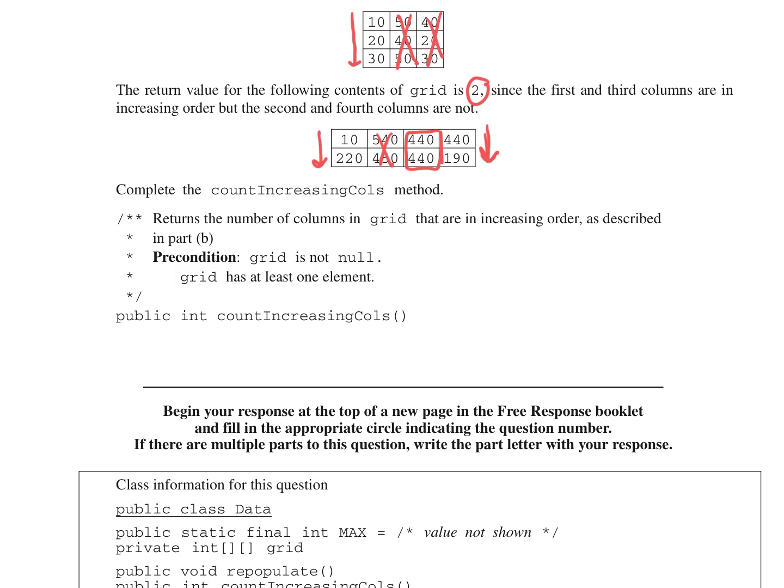If it's true, then you would increment. So public int countIncreasingColumns. So first thing, we have to instantiate the count.